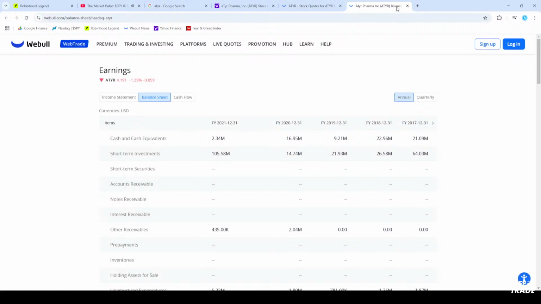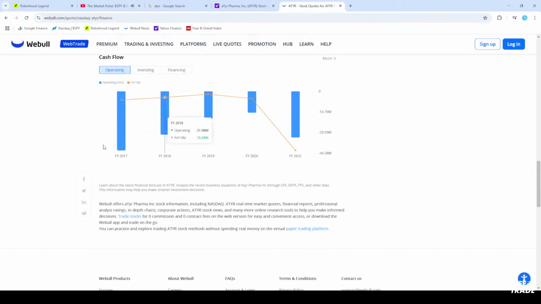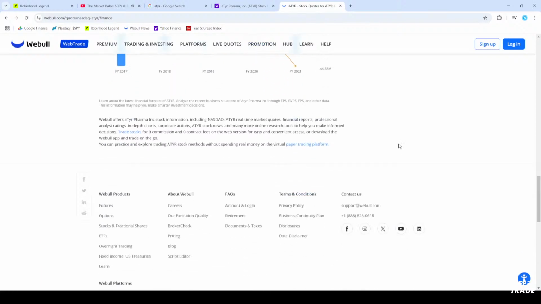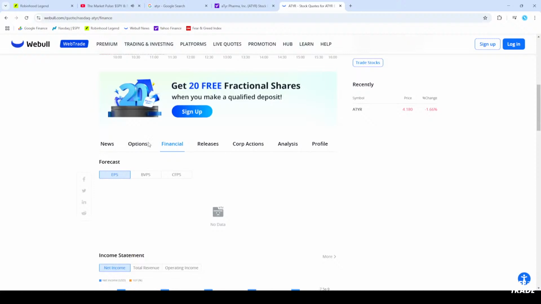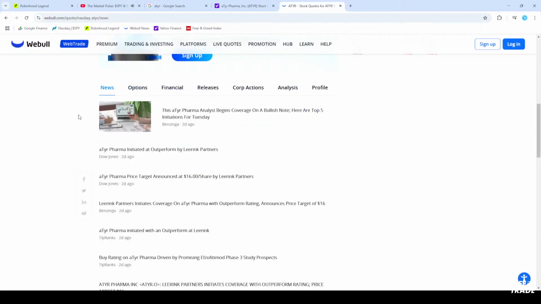These look like they're out of date. I don't know why it's showing 2021. That's interesting. I kind of want to see what the most recent ones are, but I'll just give you my initial take. Here are options that are available on it. See the news.